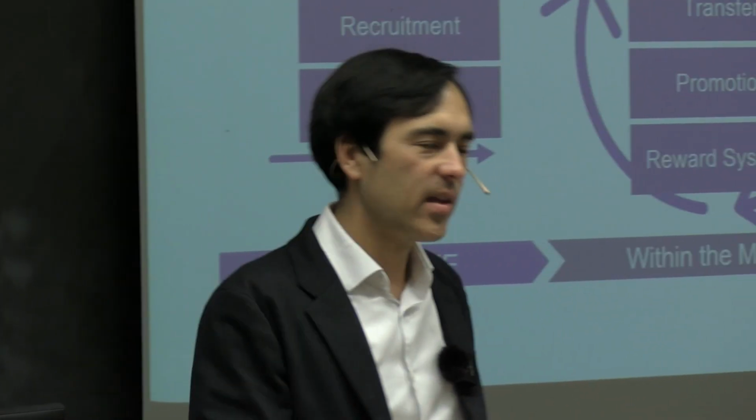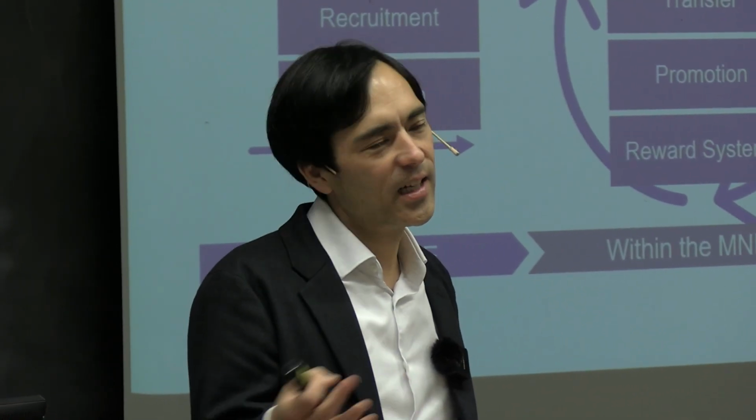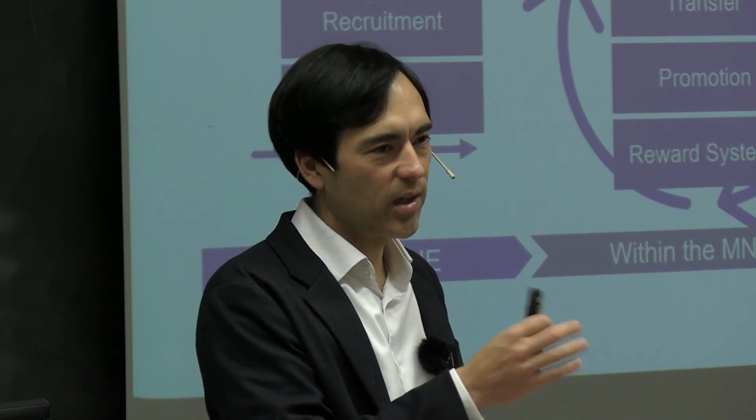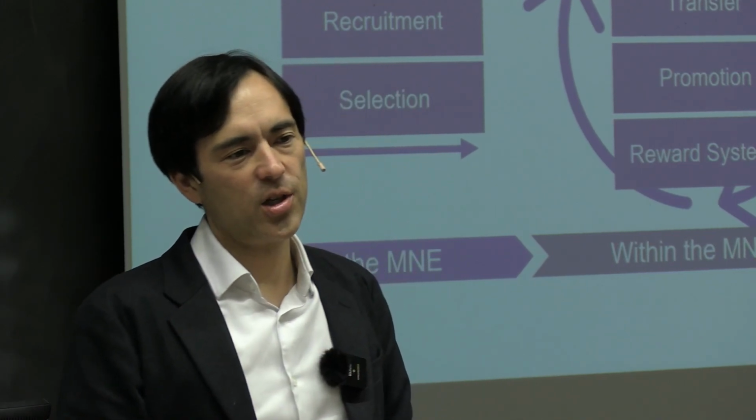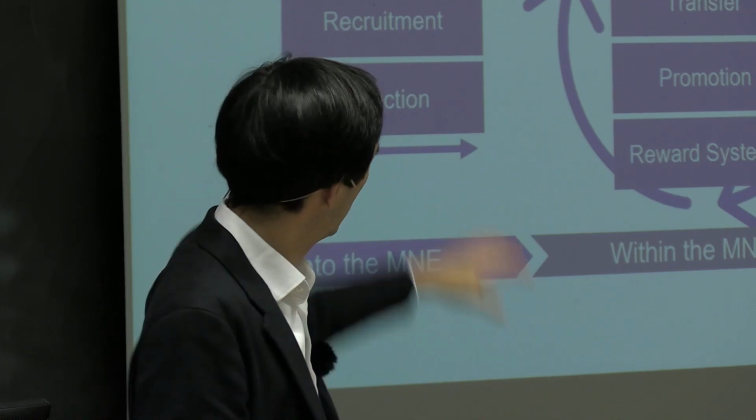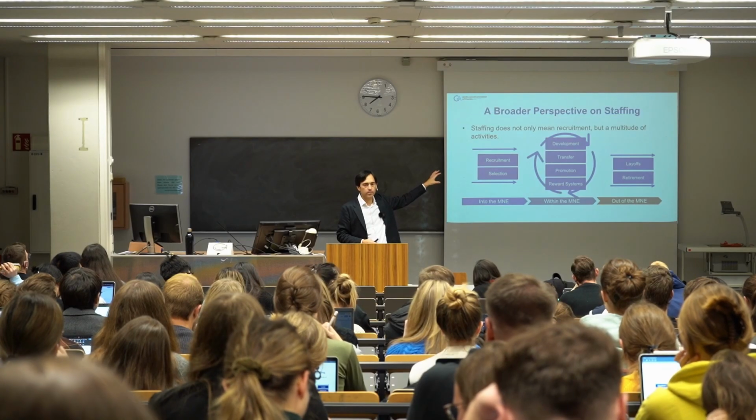You have a vacancy in a foreign subsidiary that needs to be filled, and one very obvious choice is to send someone from the headquarters, a middle manager or upper manager, who will then become the top manager of the foreign subsidiary. So that would be transfer, relocation.